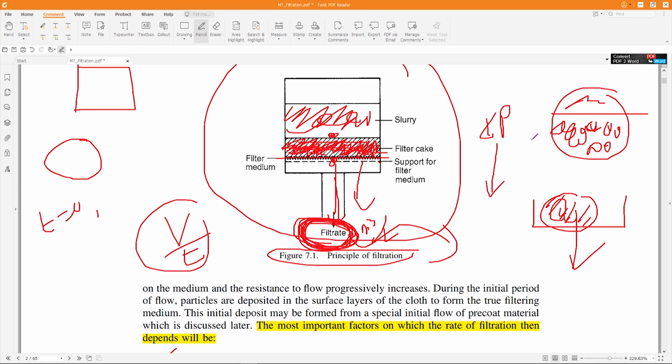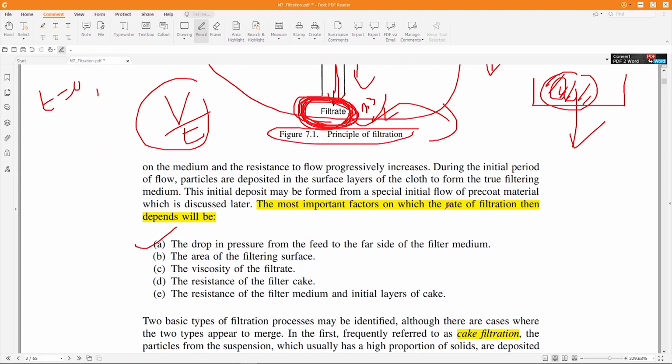At the start, let's say you have applied 10 atmosphere, so the flow rate will be something. Then the cake will start to form here, so you have to increase the pressure to maintain the same flow rate as before.